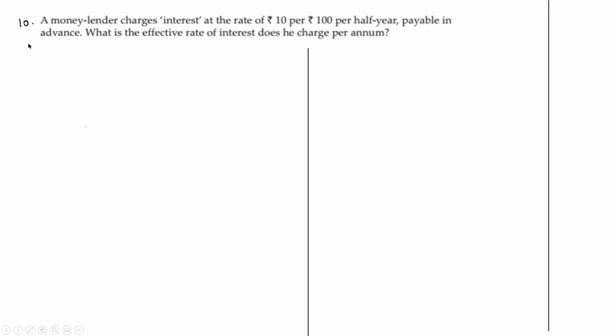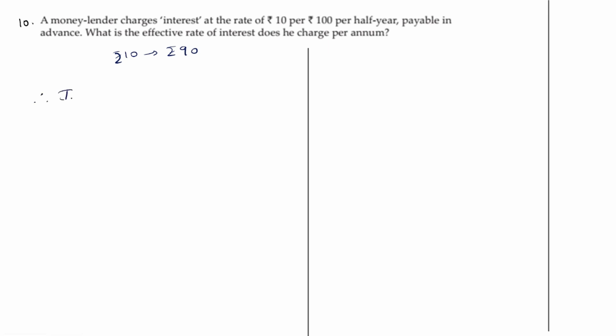Next question. A moneylender charges interest at the rate of rupees 10 per rupees 100 per half year, payable in advance. What is the effective rate of interest he charges per annum? The interest is rupees 10 for rupees 90 per half year, for 6 months.